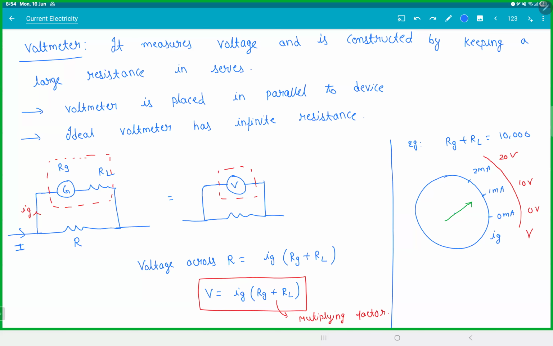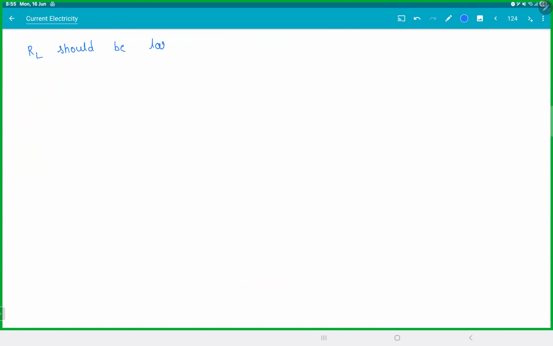Then here also we have to take care of the precautions. RL should be large. One, same thing, range increases. You actually have the same advantages because we use IG into RL plus RG.